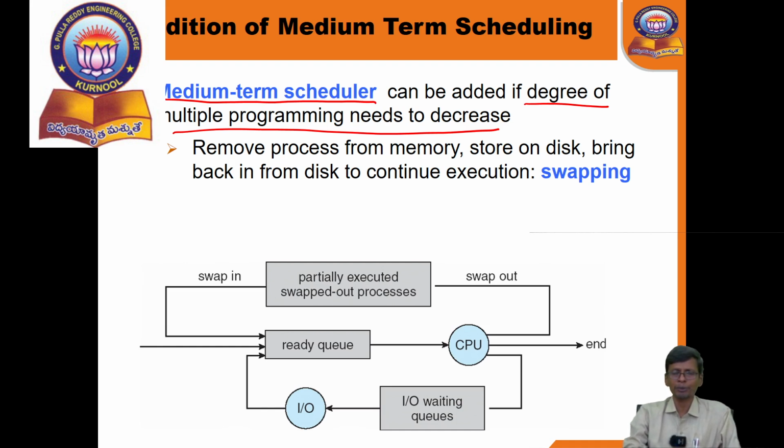degree of multi-programming? The degree of multi-programming is nothing but the number of programs present in the main memory.